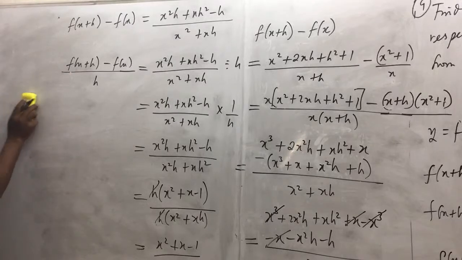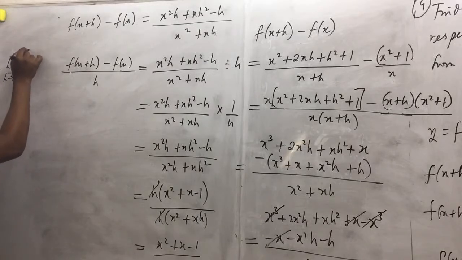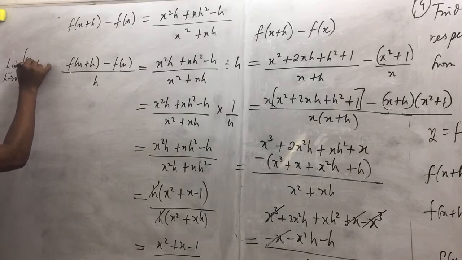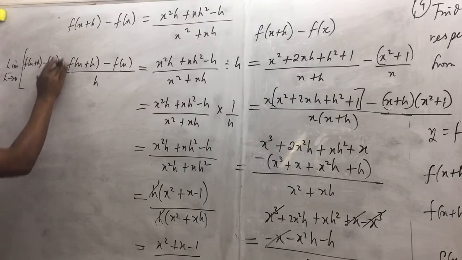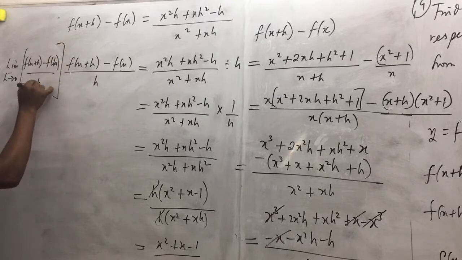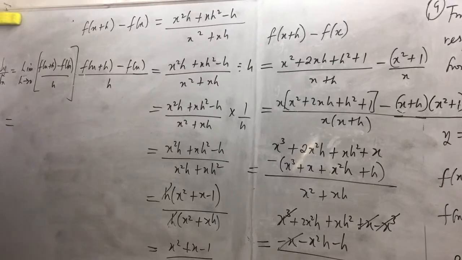So to obtain the dy/dx, we would have to take the limiting value as h tends to 0 of f of x plus h minus f of x, all over h. And that would mean taking the limiting value as h tends to 0 of this.